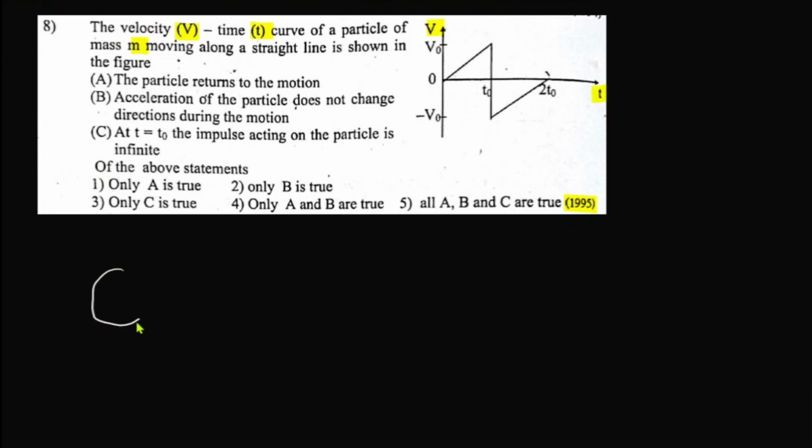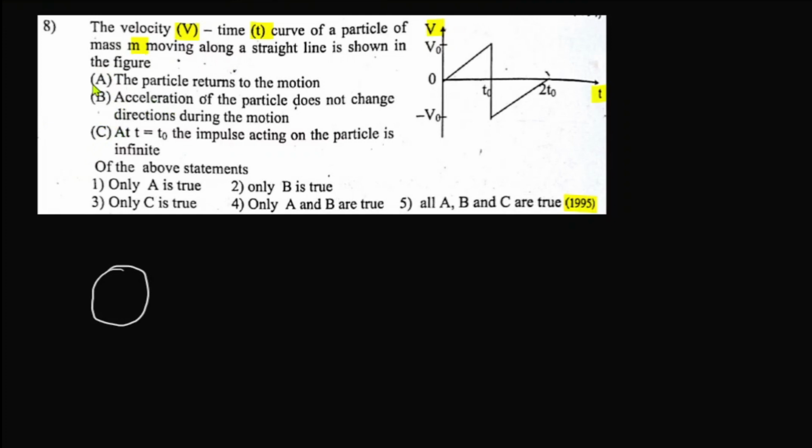They will usually give you 3 statements, and you have to check the validity of those statements, whether only A is correct, whether only B is correct, whether ABC is correct. You need to check one by one. You can't straight away say, if this is correct, only A is correct. You'll have to check B and C as well. So when you are given ABC statements, you will have to be very careful.